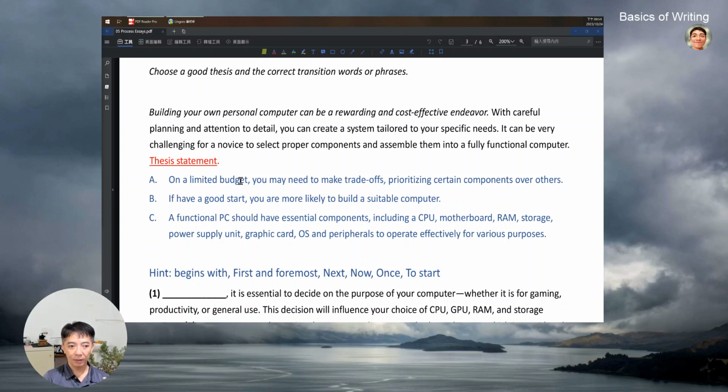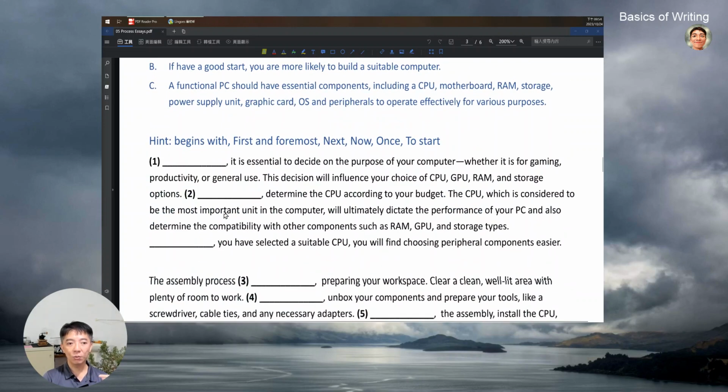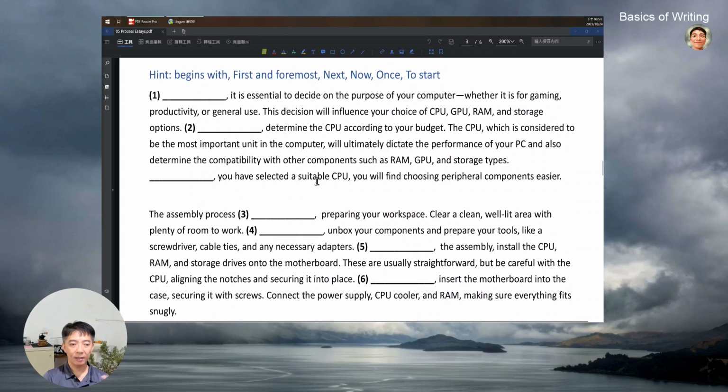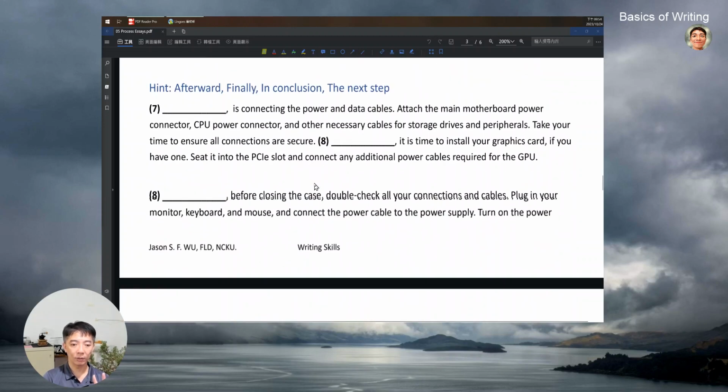You can choose A, B, or C, and then persuade yourself why this is best. Maybe you can read on and then come back to the thesis later. And here you have the blanks. These blanks are for you to put in the transition words, to help you connect ideas.